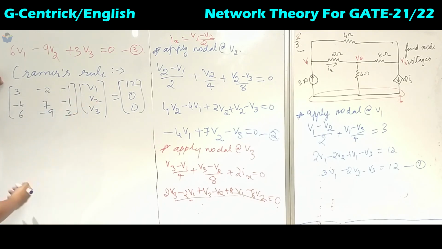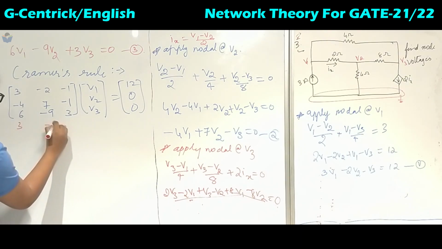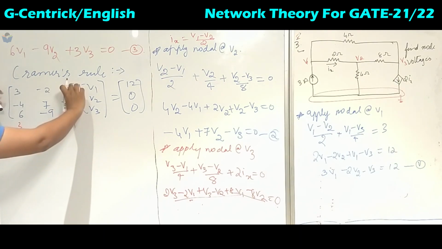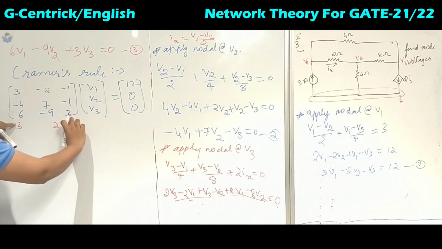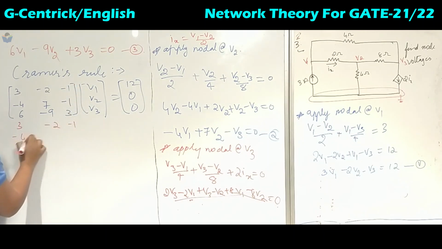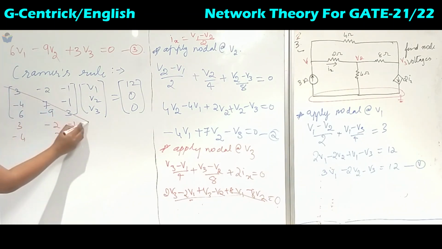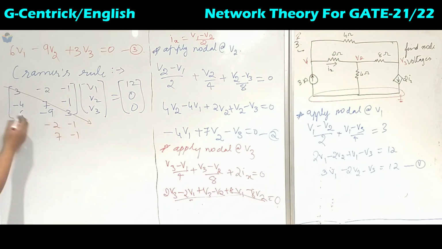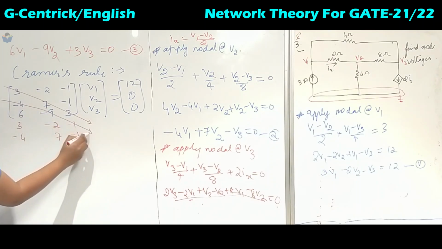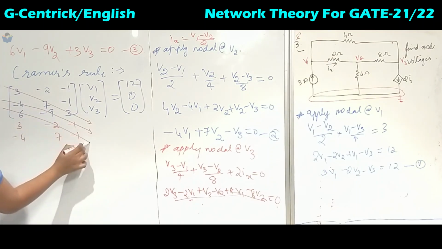Now for this matrix, the determinant can be found either using the normal formula, that is plus minus plus, or you can repeat the first two rows here, that is 3, minus 2 and minus 1. Write the first two rows below this matrix as it is, minus 4, 7 and minus 1. Okay. So now you can find the multiplication of this diagonal and this diagonal and this diagonal.